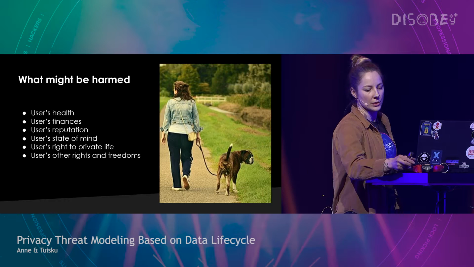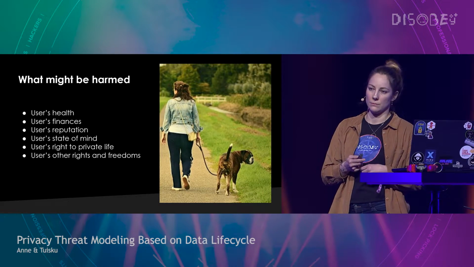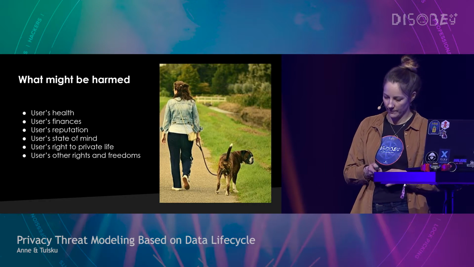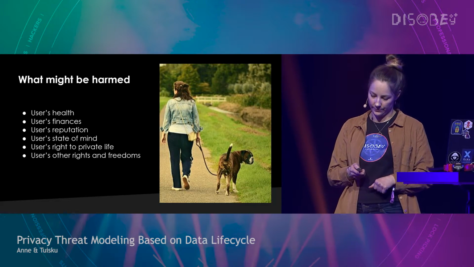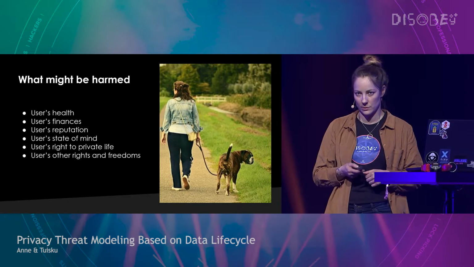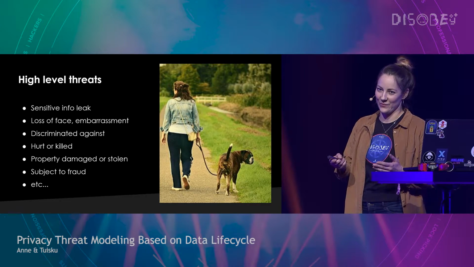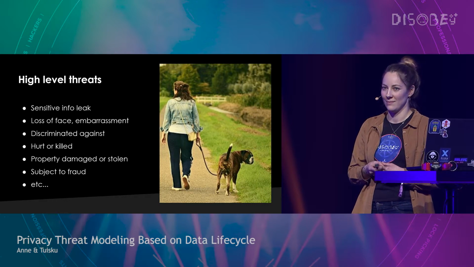And to help you to get on the right track, these are the sort of things that you need to watch out for, how people might be harmed through an attack to their personal data. Privacy is there, of course. And a few more concrete examples, what to watch out for.